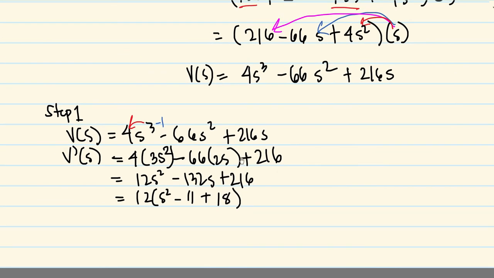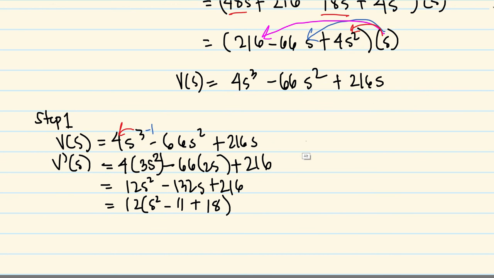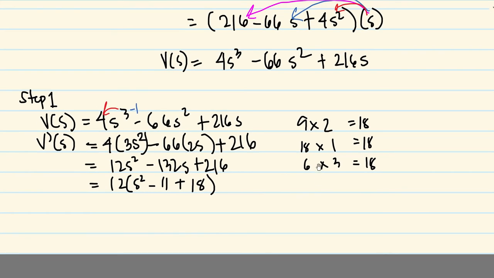Okay, so we have here 18. How do we get this 18? We have to multiply two numbers, like 9 times 2 equals 18. 18 times 1 equals 18. How about 6 times 3? Yeah, 18. Those are the only pairs.